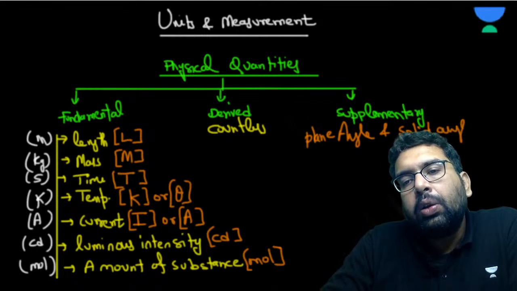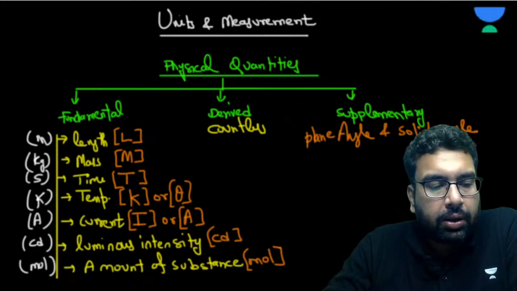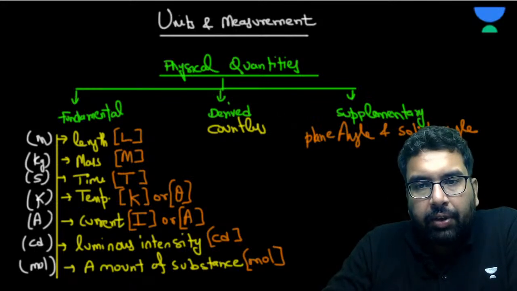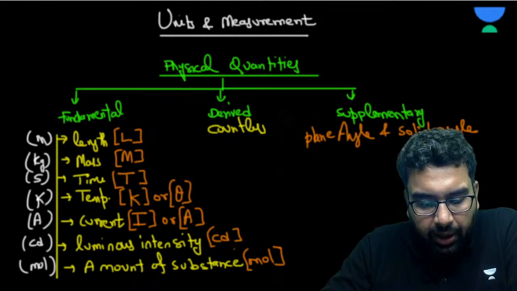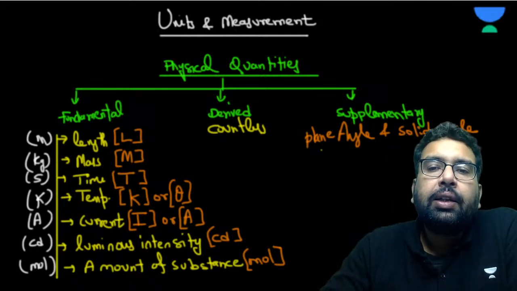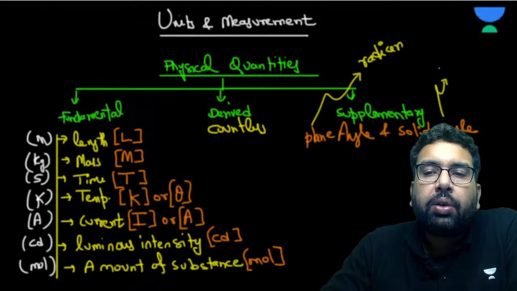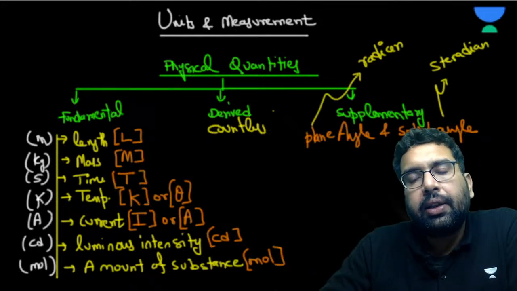When we talk in the SI unit, the System International Units, the plane angle and solid angle do have units: radian, and the unit of the solid angle is steradian.